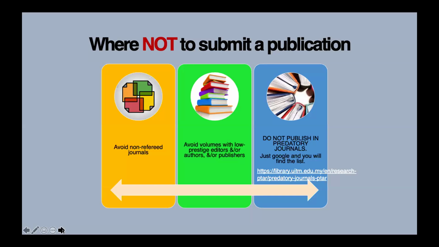You have to bear in mind, if we just publish in any journals, maybe non-refereed journals or predatory journals, sometimes it will give low impact to our study or our findings. And it's a waste, because the idea of publishing is to communicate to our community.